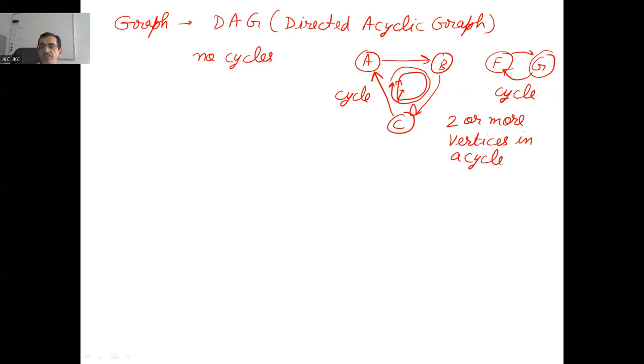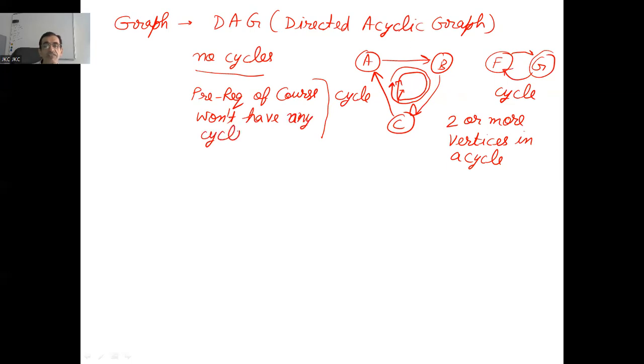If there is a cycle, it is obviously not a suitable situation for prerequisites. So situations like prerequisites of courses will have no cycles at all. And if there are no cycles, only then can I have some course which can be started without any prerequisite. That is obvious.